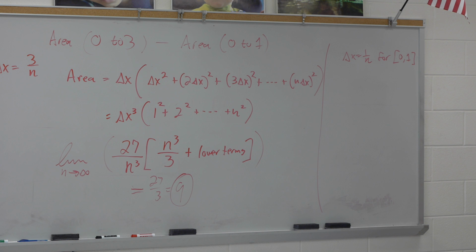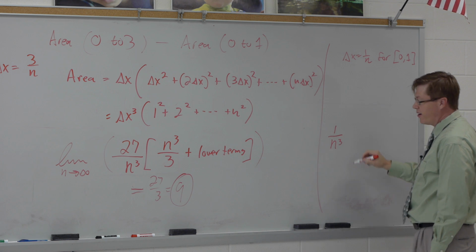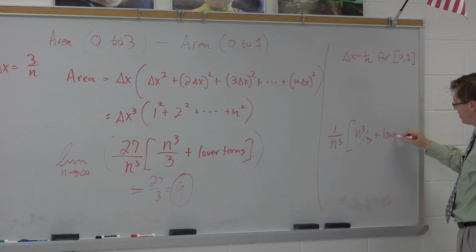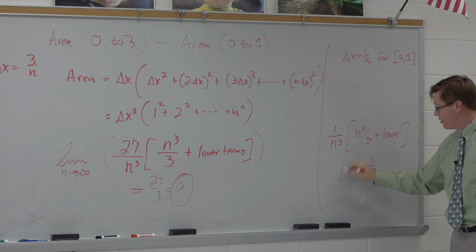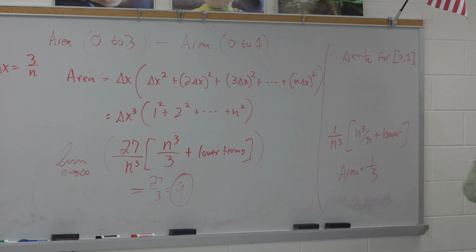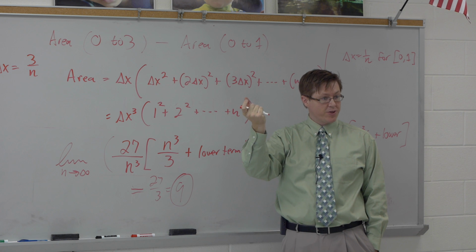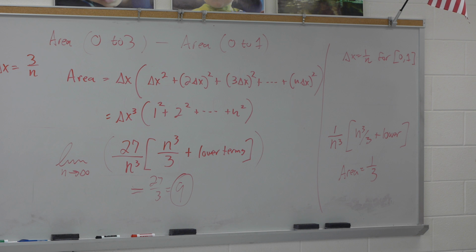You have 1 over n cubed instead of 27 over n cubed. So everything else is exactly the same, as long as I'm starting at 0. So my final answer for the area from 1 to 3 is just the difference between these two.